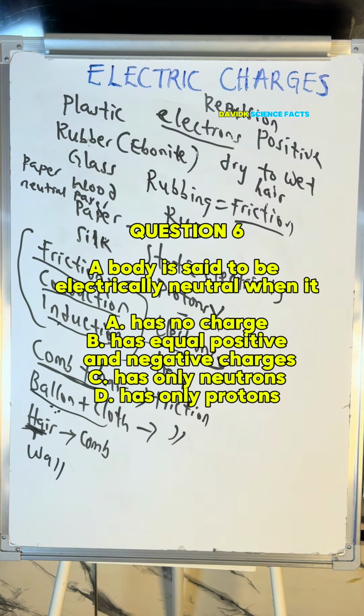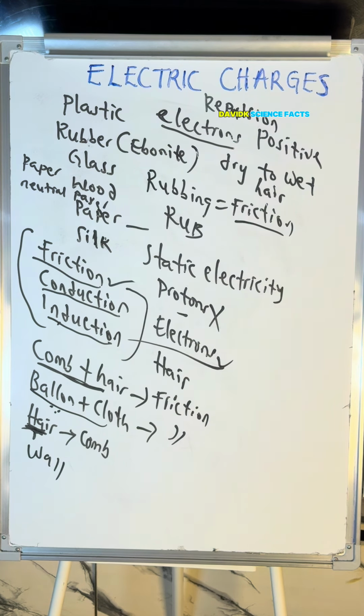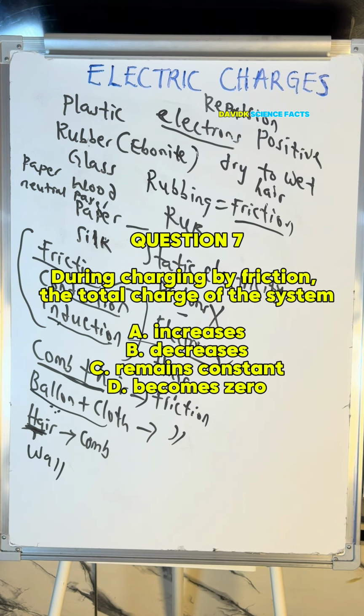Question 6. What does it really mean for a body to be neutral? Careful, this is a trap question. Answer is B. Equal positive and negative charges. Question 7.